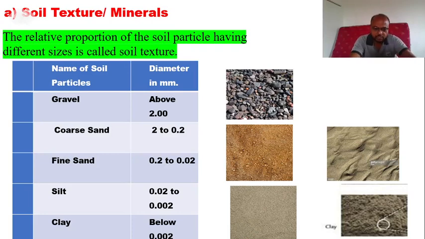And this soil texture is very important when we cultivate different types of plants in the soil. On the basis of the content of silt, clay, sand, or gravel, different types of soils are formed, and these soils are classified into three major types.